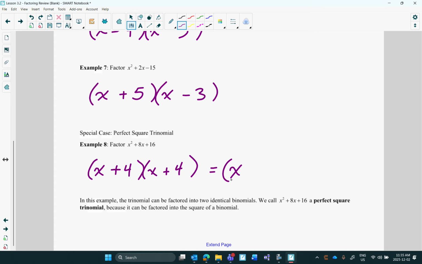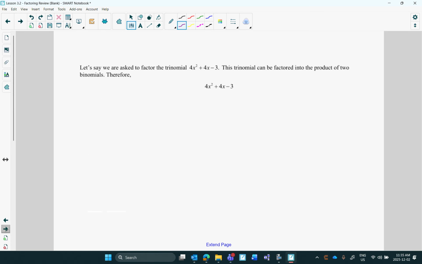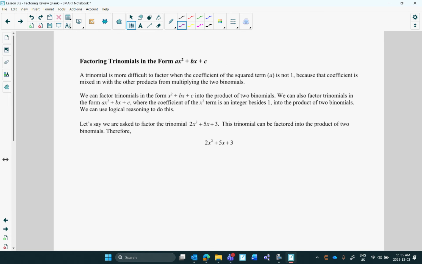X plus 4 in parentheses squared. And we did that when we were completing the square. Those three should be considered pretty straightforward. This last one takes some practice. But you guys did well with it last year. Okay?